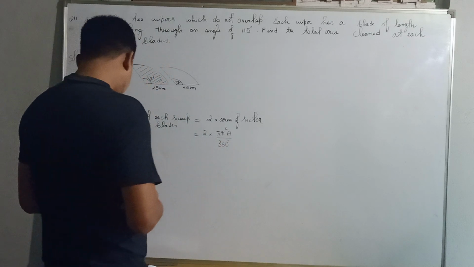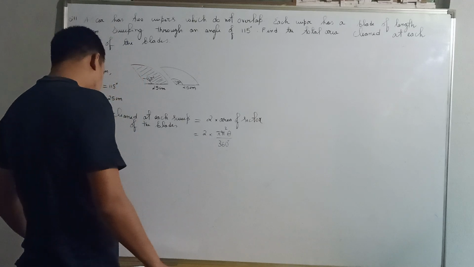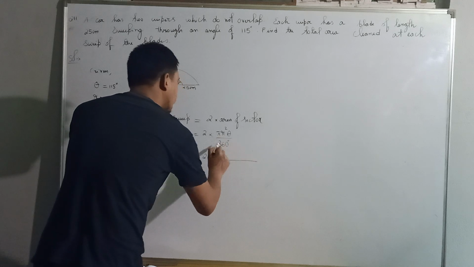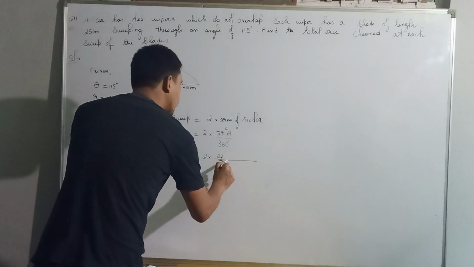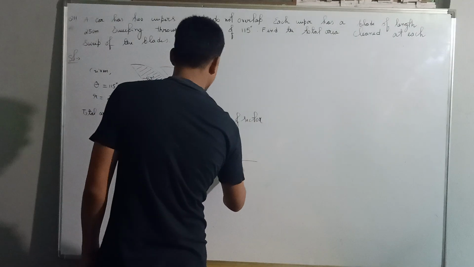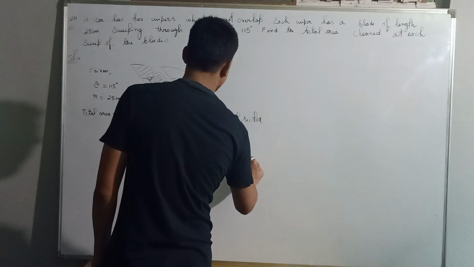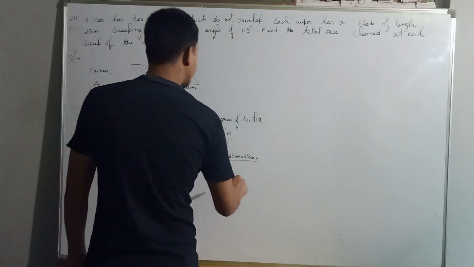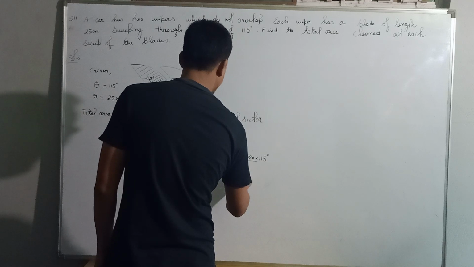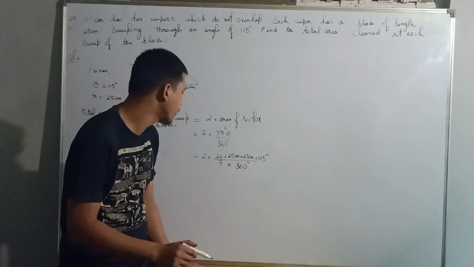In the question they did not mention anything about pi, so we will be using 22 upon 7. 2 into pi means 22 upon 7. R square means r into r. So 25 centimeters into 25 centimeters into theta. Your theta is 115 degree divided by 360 degree. Okay, let's try to solve this.